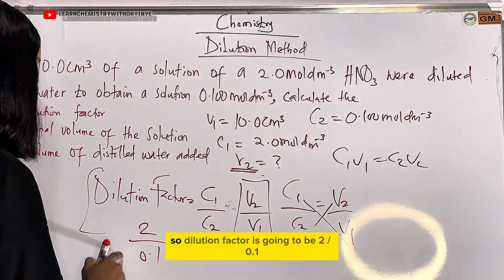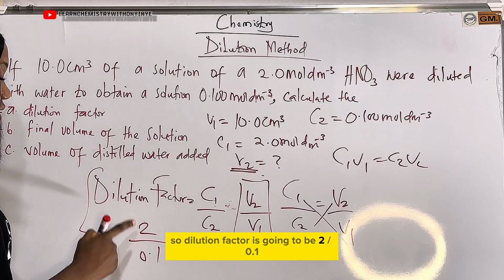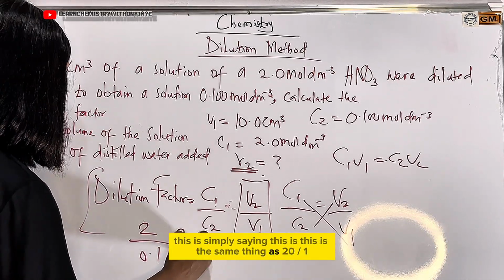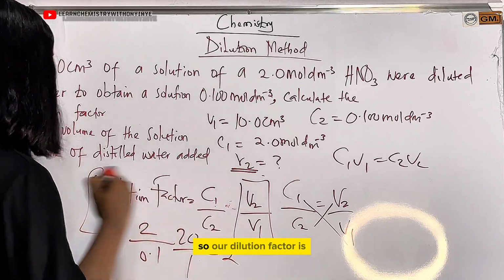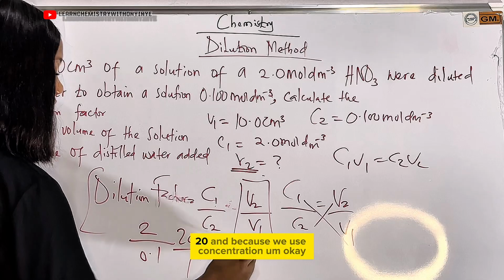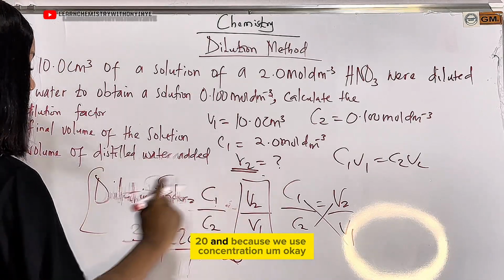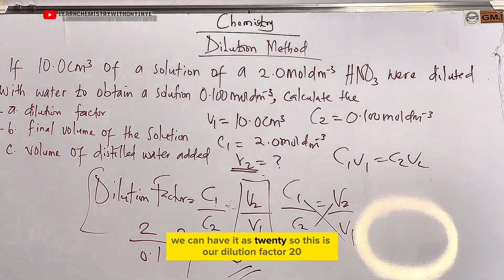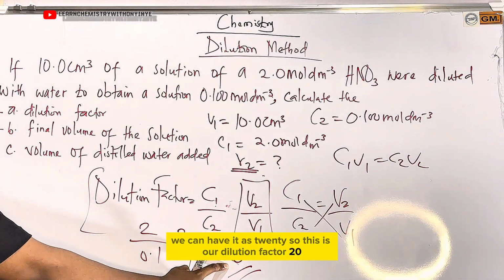So dilution factor is going to be 2 divided by 0.1. This is the same thing as 20 divided by 1. So our dilution factor is 20.